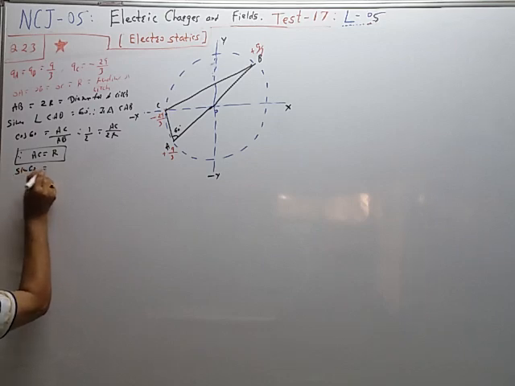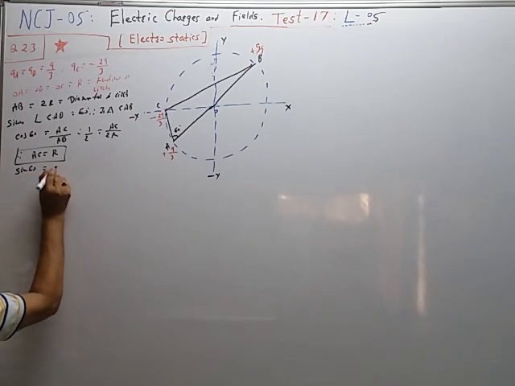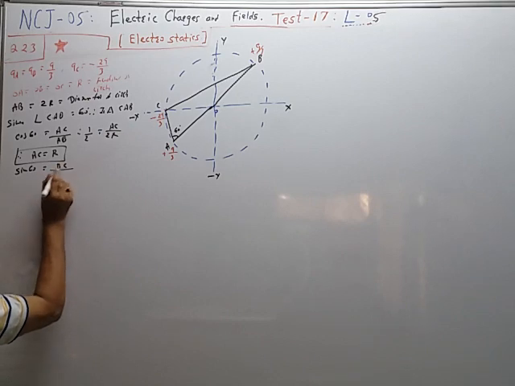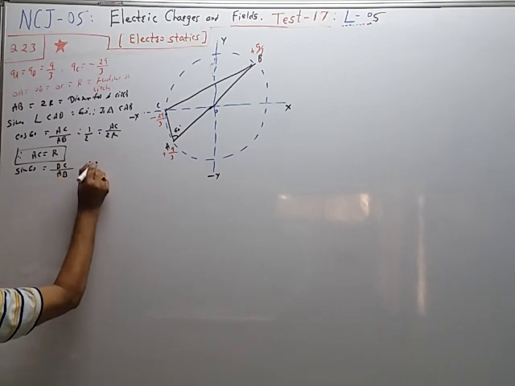Sin of 60 is equal to BC upon AB. So root 3 by 2.